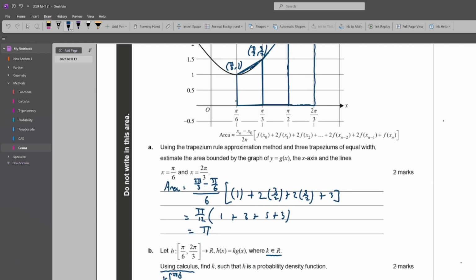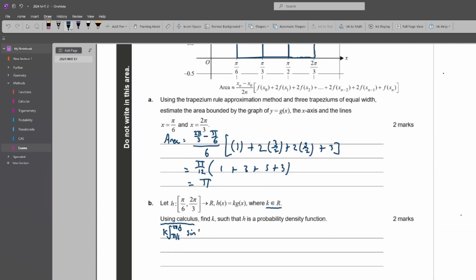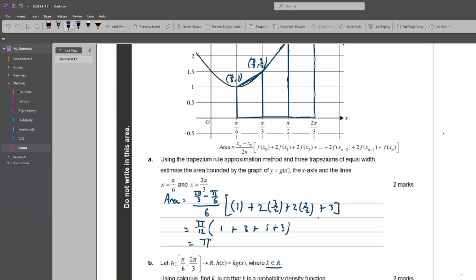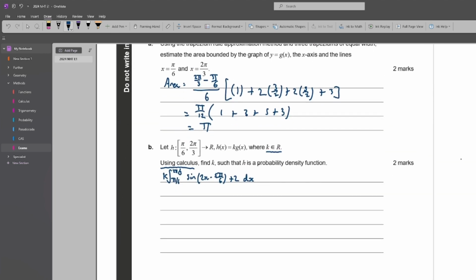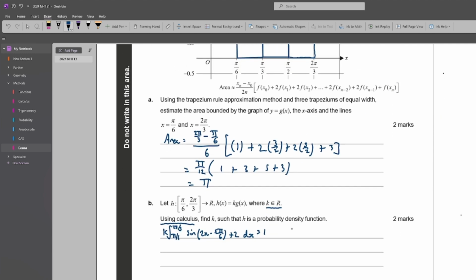Sine 2x minus 5 pi on 6, and then plus 2. And don't forget your dx, sad way to lose a mark. And this should be equal to 1, because the area underneath the probability density function should be 1.